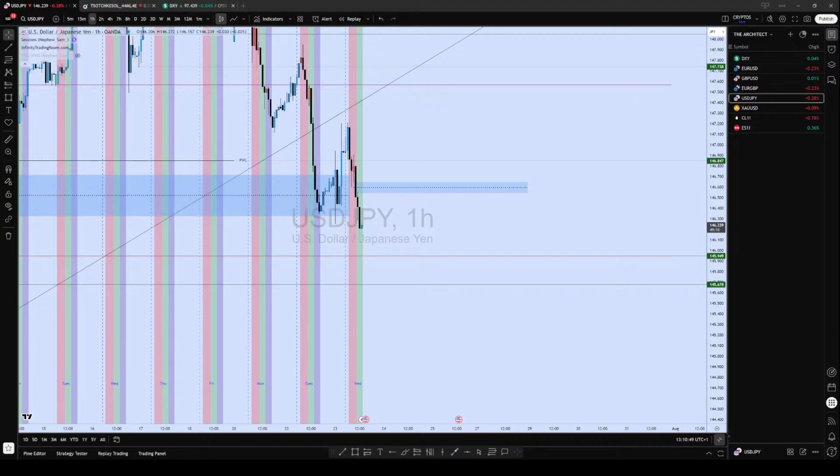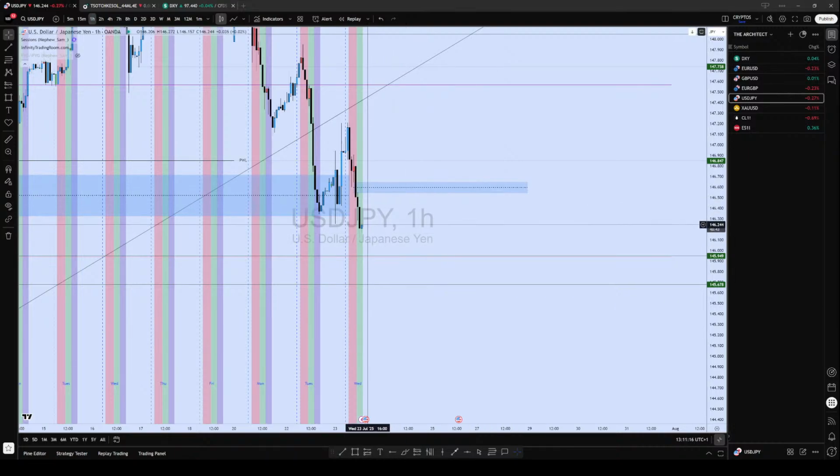There's no news event today, hence don't expect any kind of big move during the New York session, because there's no news this afternoon, unless there's a random news that will come into the market. Apart from that, I think price is gonna move naturally.